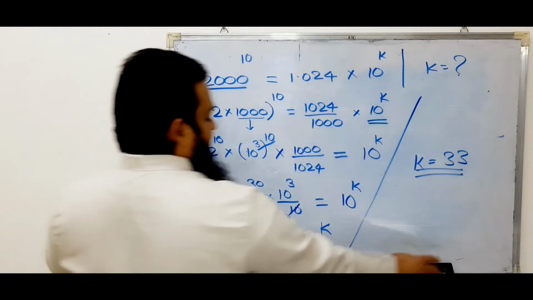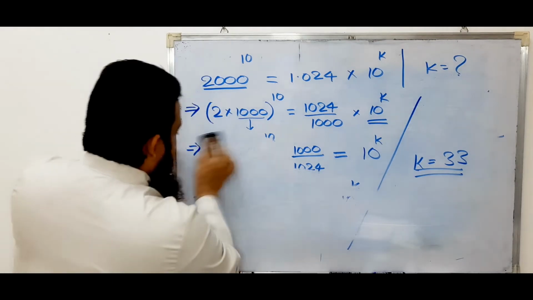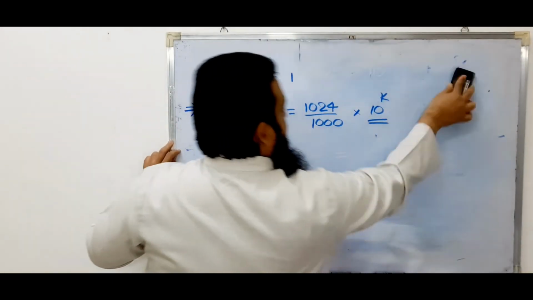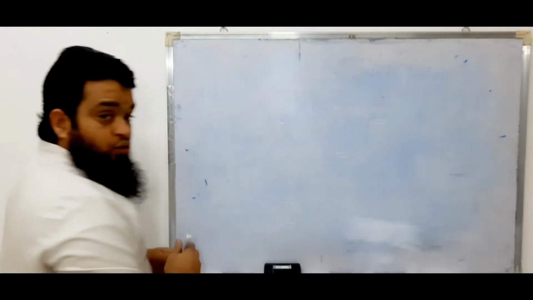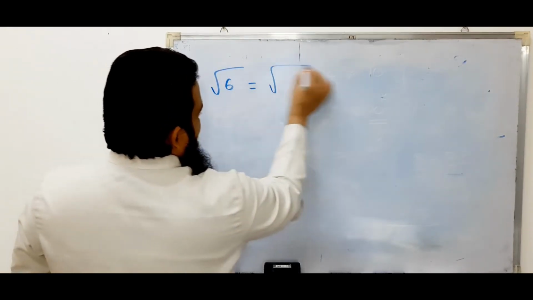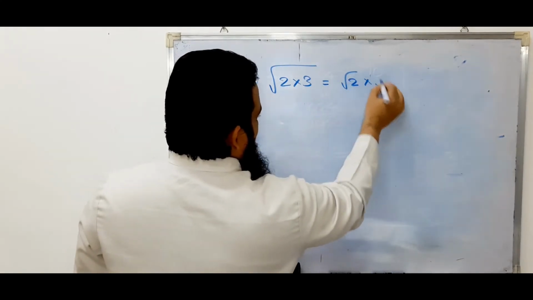So here they have asked, is root 6 a rational number or not? Root 6, can we simplify root 6? Yes, root 6 can be written as root 2 times root 3, right? So root 6, can I write it as root of 2 times 3? So that is equal to root 2 times root 3.